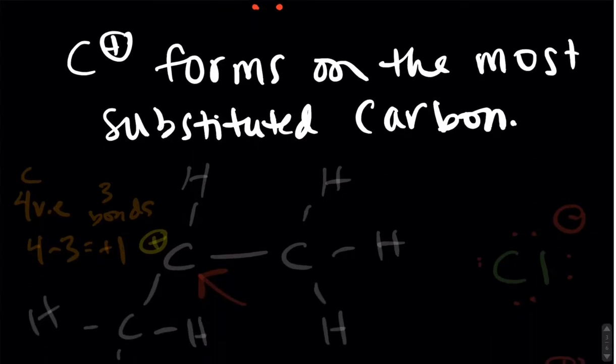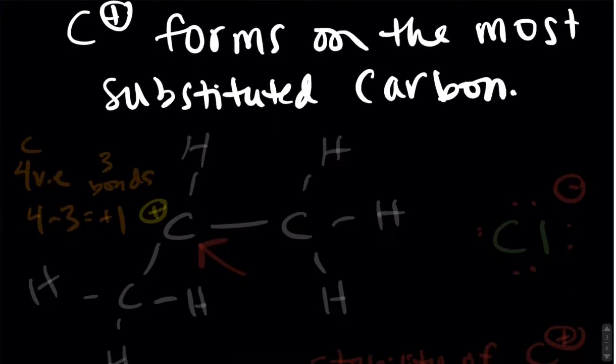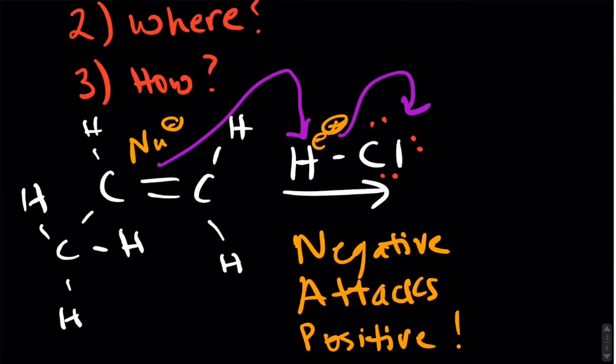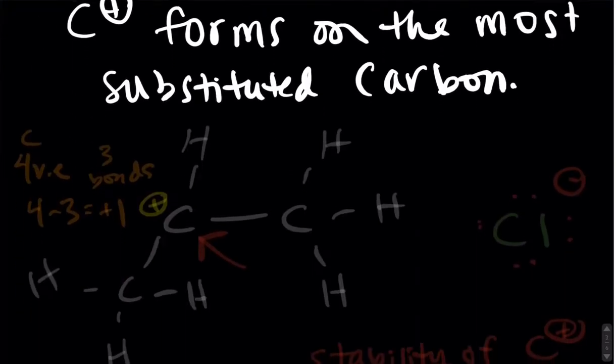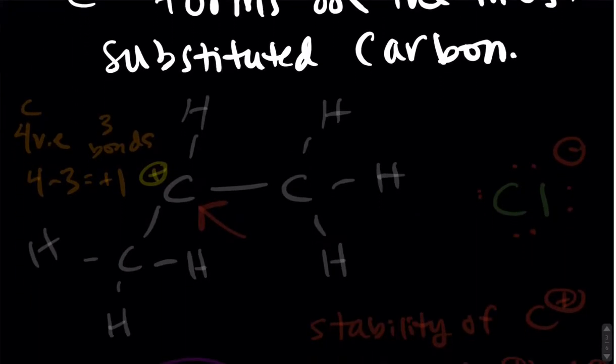So if we look here, which one of these is the most substituted carbon? That is going to be this carbon. You're just picking between the 2 carbons that are directly bonded by the double bond. So this one or this one. This one here has a substituent on it, just the methyl group. So that means that is the most substituted carbon.